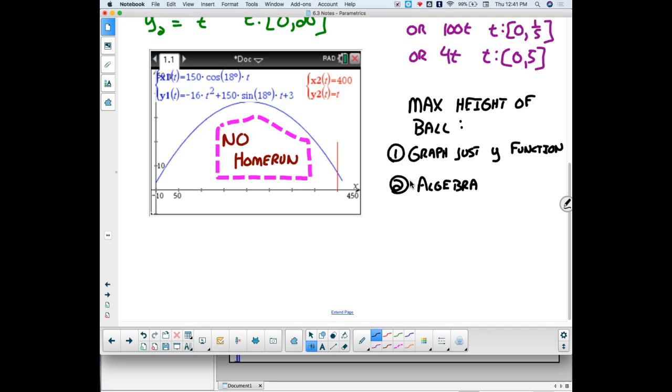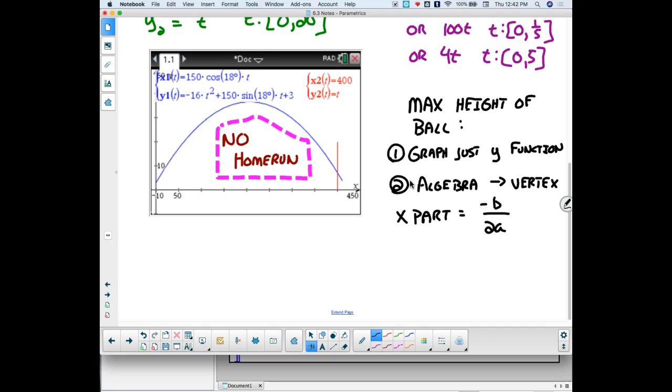At the vertex. Okay? And so you learned that one way to find the vertex was to take the x part, which was equal to the opposite of b all over 2a.